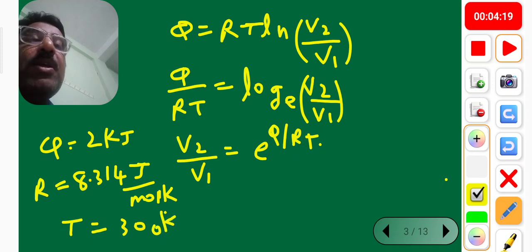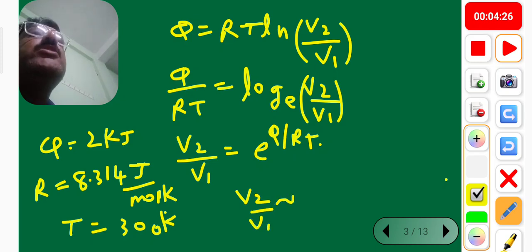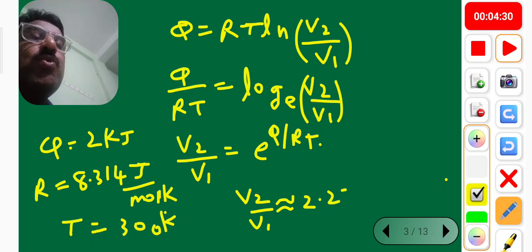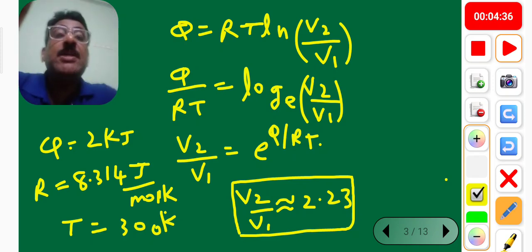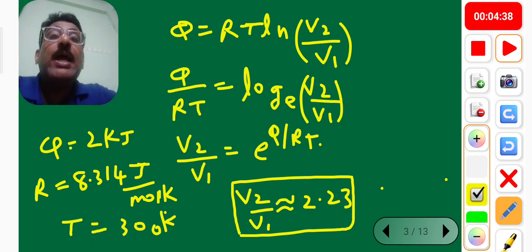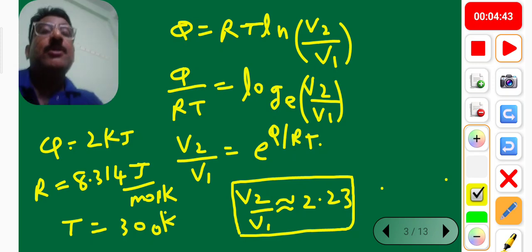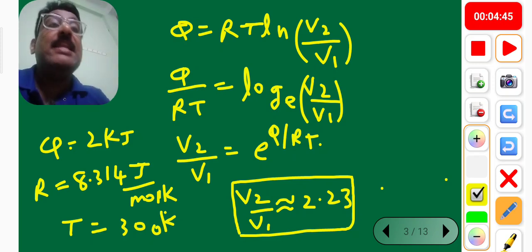If you substitute these values, you will get V2 divided by V1 approximately equal to 2.23. That means the volume has increased 2.23 times. So this is the case when we are taking an ideal gas.